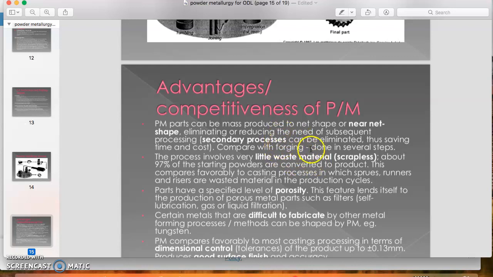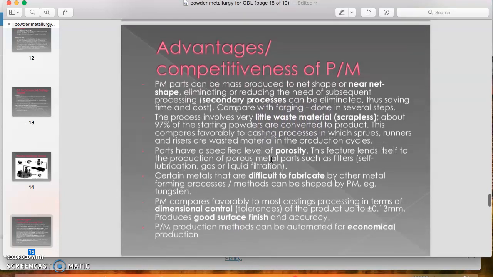For forging, we have to press so many times, so there are stages in the compaction process. The other advantage is very little waste of material produced.